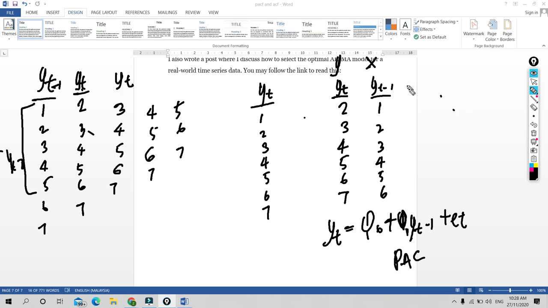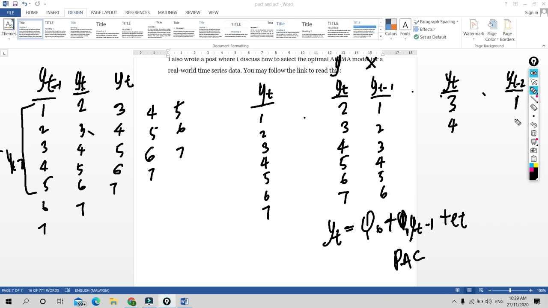Then YT minus 1 is 1, 2, kalau 3 kita bandingkan dengan YT minus 1. So your YT minus 1 is 2, 3, 4, 5, and 6.